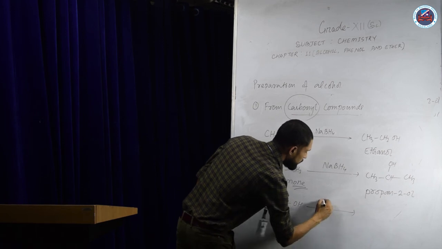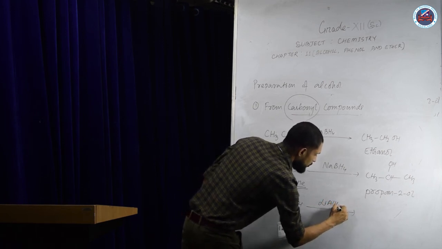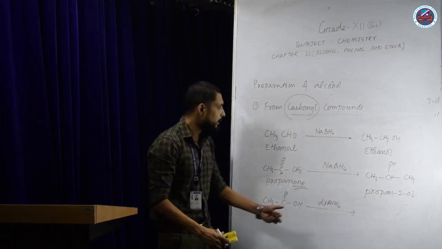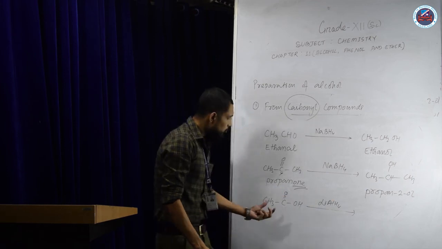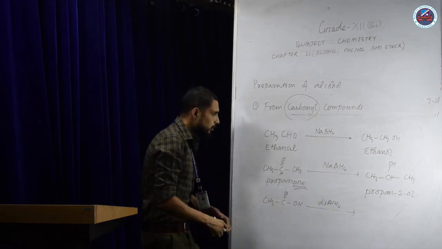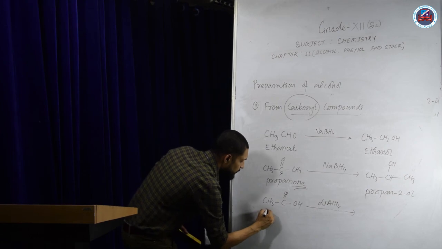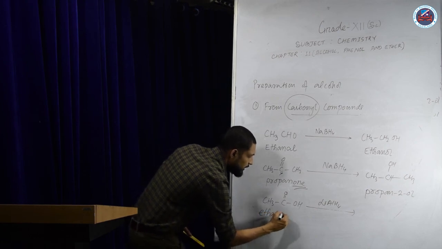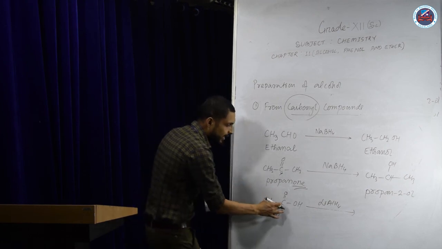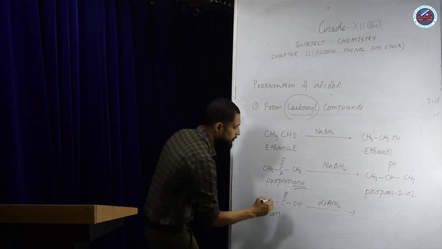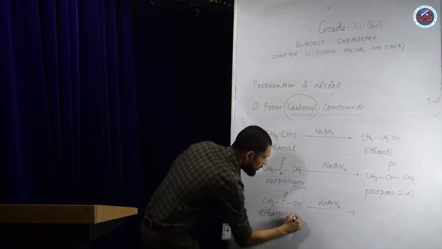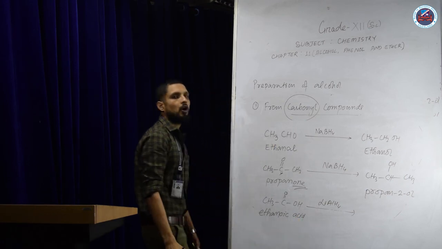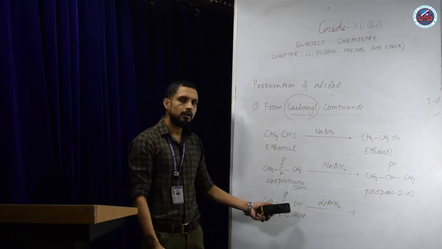Now if we take a carboxylic acid, say CH3, C double bond O, OH. If it undergoes reduction, you have to use a strong reducing agent like lithium aluminum hydride. You have two carbons, so the alkane name is ethane. Now since it is a carboxylic acid, E is replaced by oic acid. So the name of this compound is ethanoic acid.